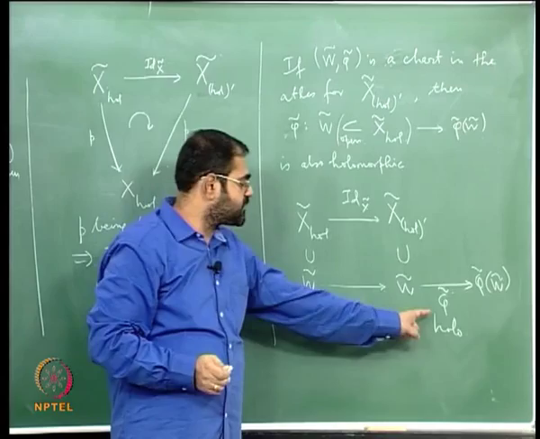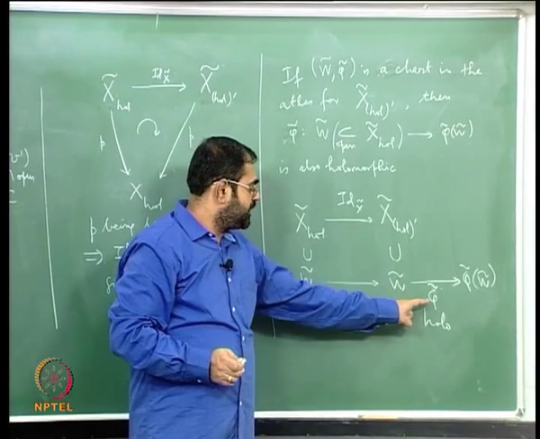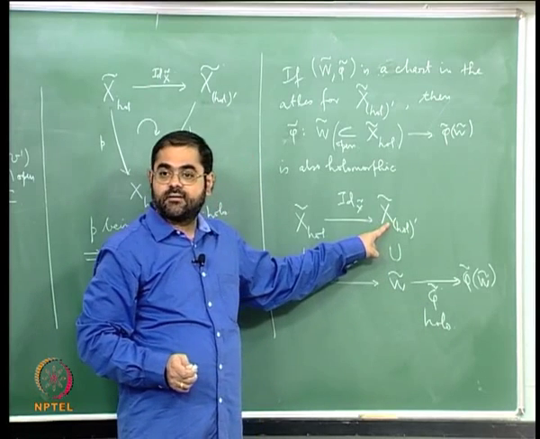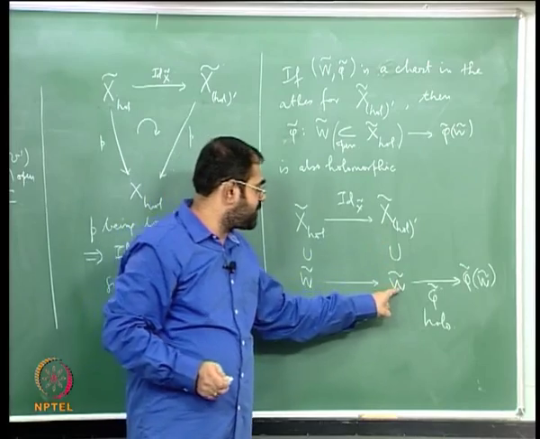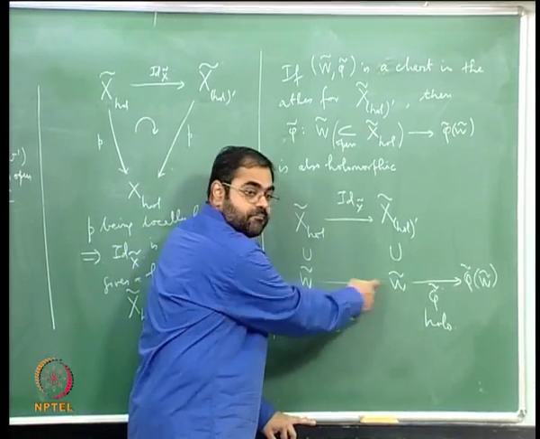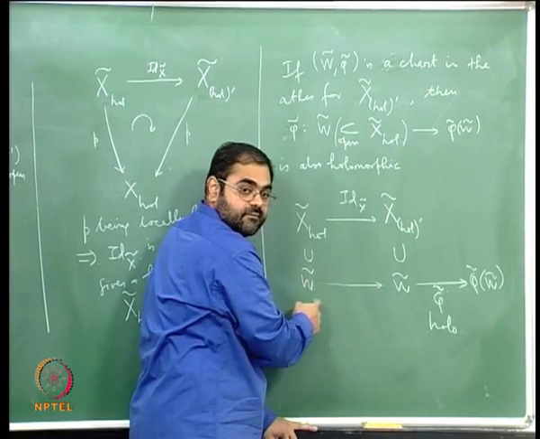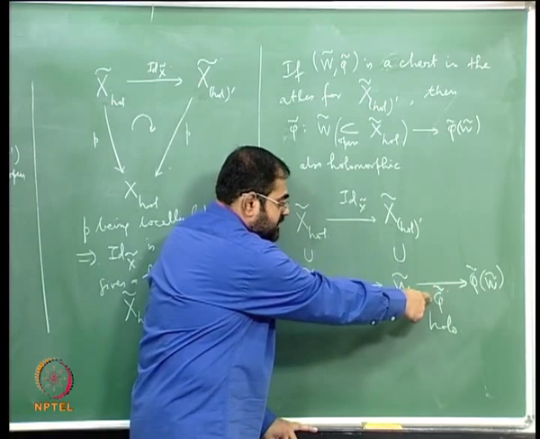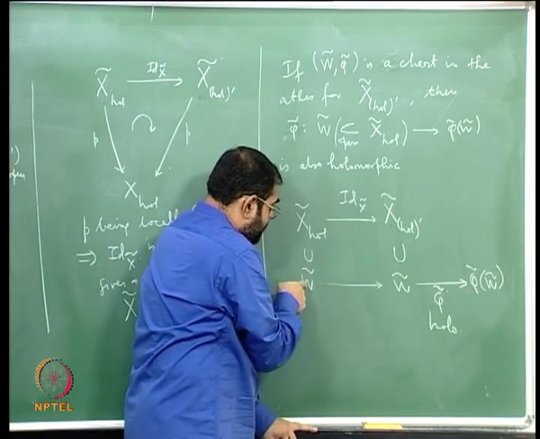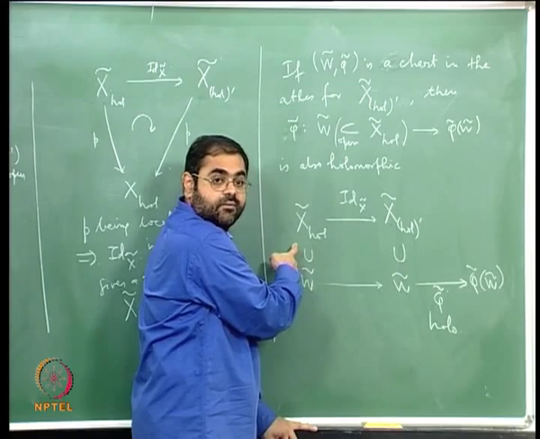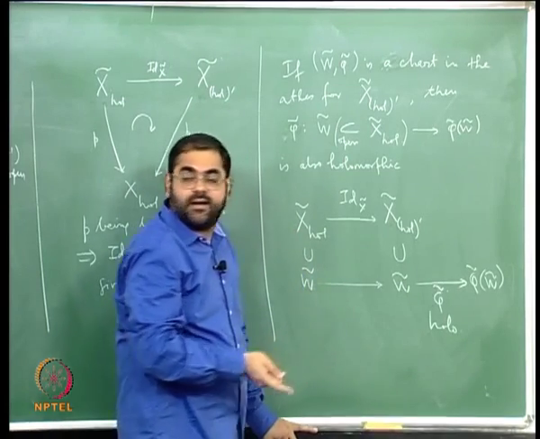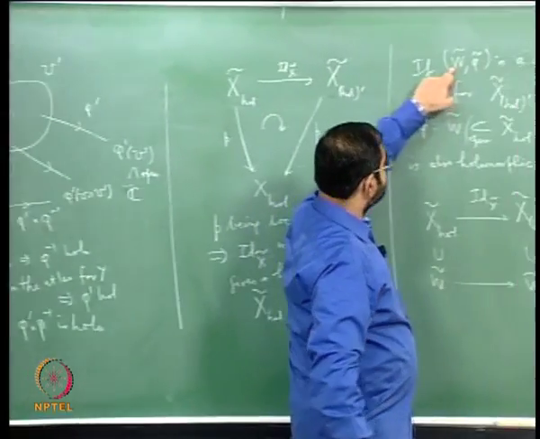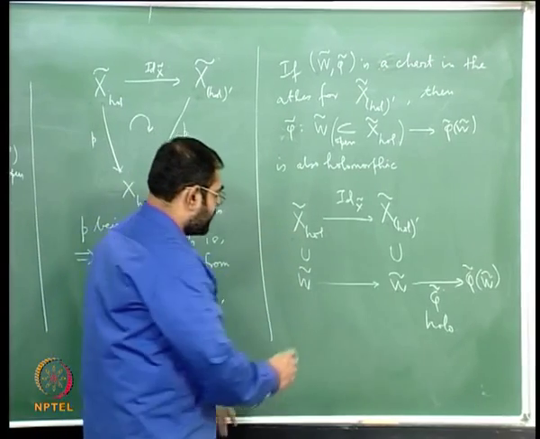The other map is just the identity map, and we have checked that it is already holomorphic. So the composition, which is just phi tilde considered as a map from W tilde as an open subset of X tilde whole, is also holomorphic, and therefore by this observation this chart is also in X tilde whole.